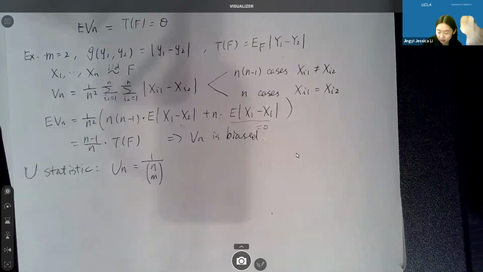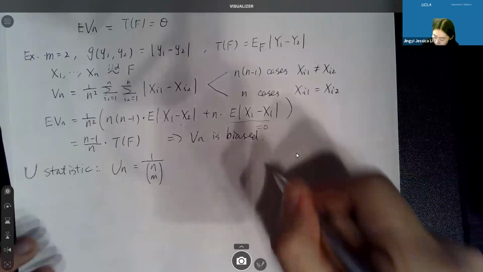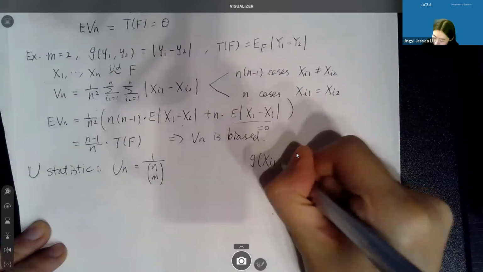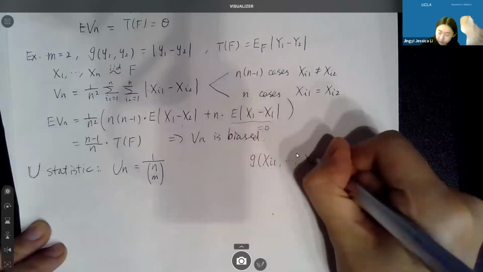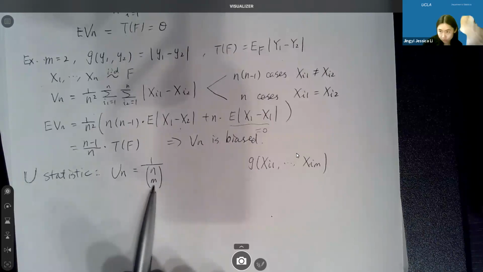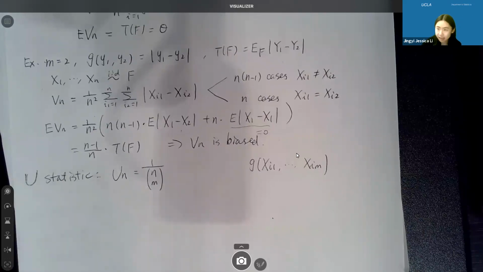Okay, so with this, let's consider what is allowed for I1 to IM, the indices. Still I'm going to put it here. The sampled ones I call XI1 to XIM. And also, this n choose m doesn't consider order. So basically, let's say if m equals 2, picking x1, x2 and x2, x1 are considered to be the same.